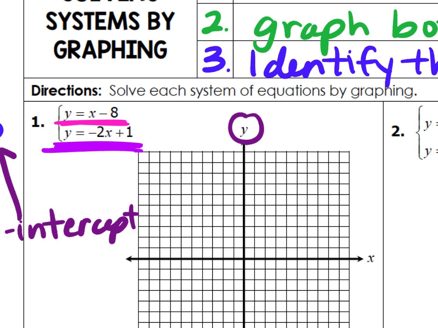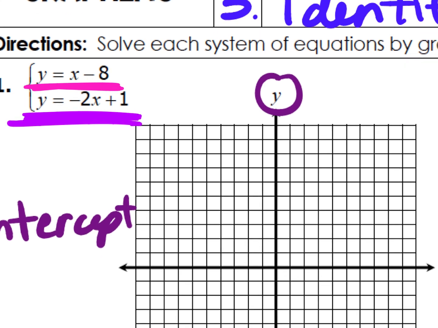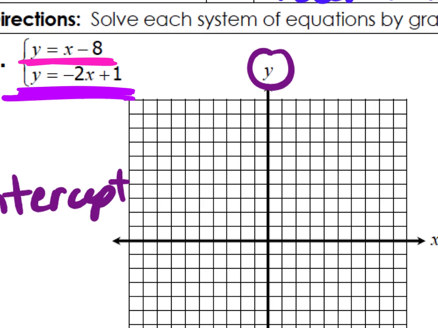Okay, I'm going to start with the pink one. If I'm trying to graph y equals x minus 8. Jason, are you with me right now? Yeah? Okay, because I haven't seen your eyeballs for a while, so just making sure you're here. Where do I move first if I want to graph this? On the y. How far? 8.